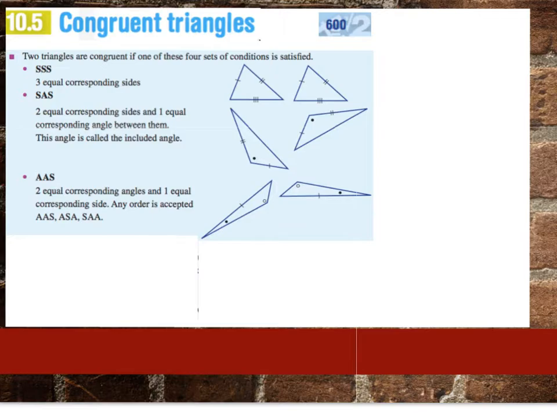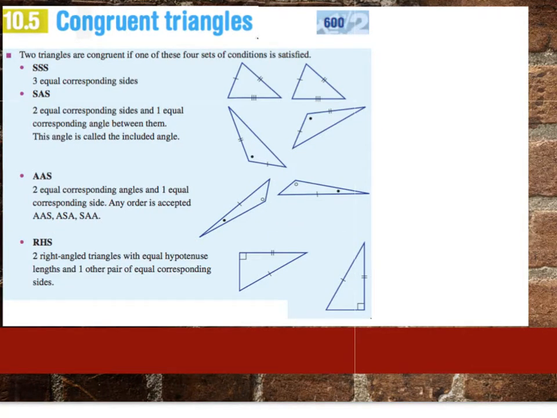They are identical. Our last case is RHS. We've got two right angle triangles. So right angle triangle means one angle is 90 degrees. One angle is 90 degrees in each. I have a hypotenuse that's equal. Now remember, hypotenuse is the side that is right across or opposite the 90 degrees or the right angle.